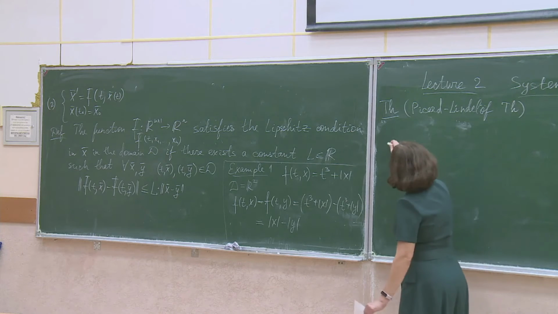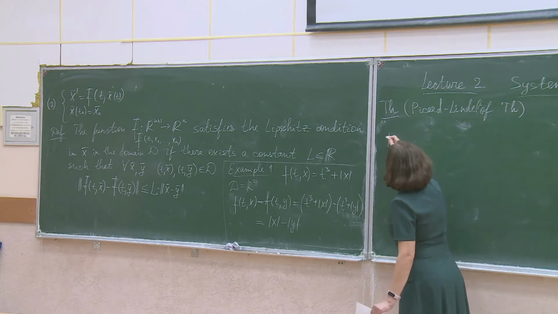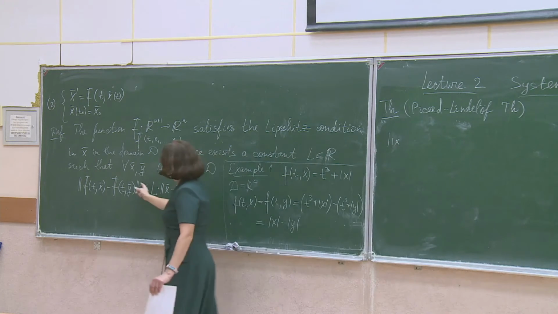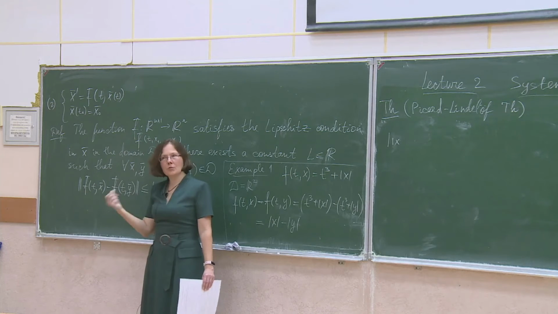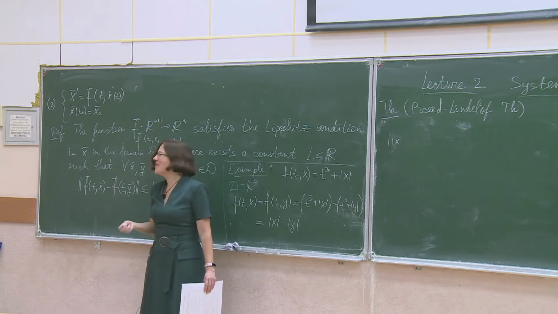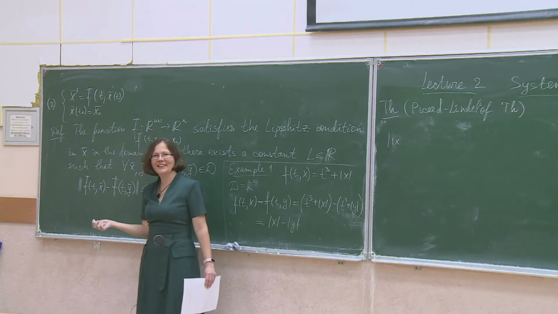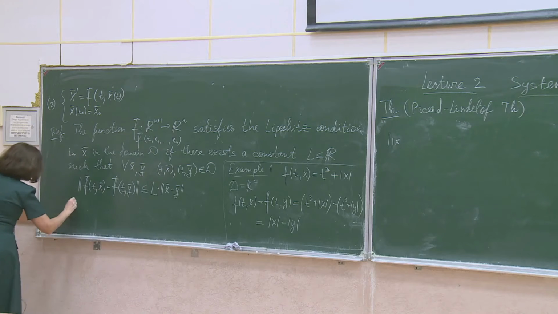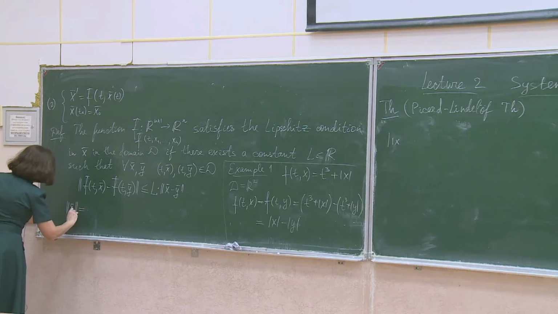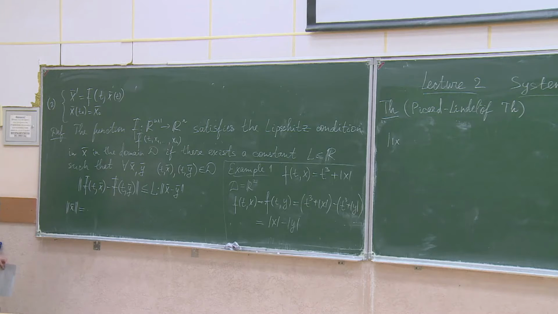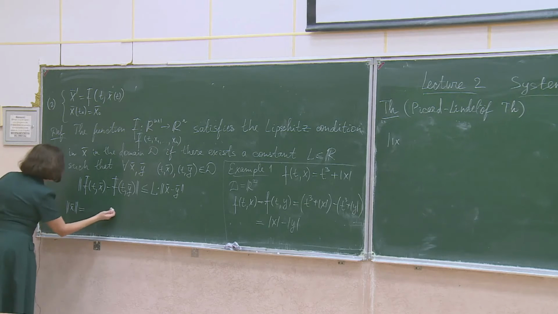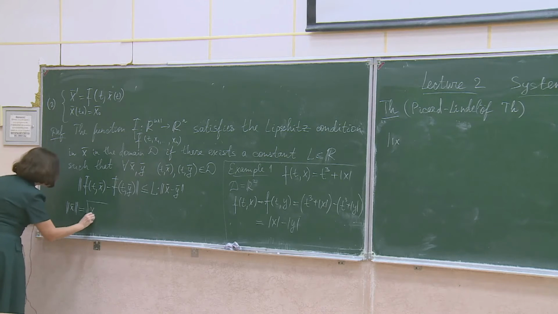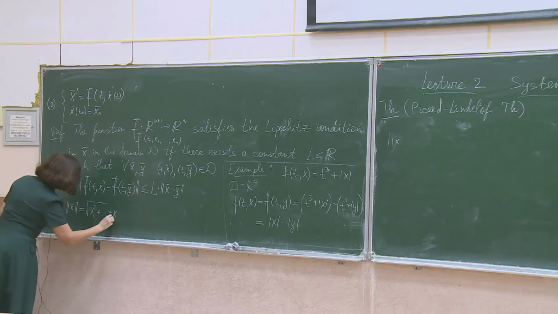Now, our goal is to discuss the absolute value of this difference, right? What does it mean? It is the norm of the vector. Do you remember how to compute the norm of a vector? There are several ways to introduce the norm, but usually it is defined as the square root of this sum.